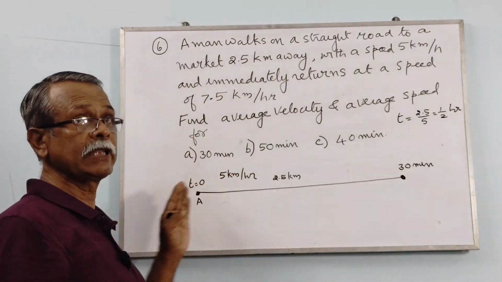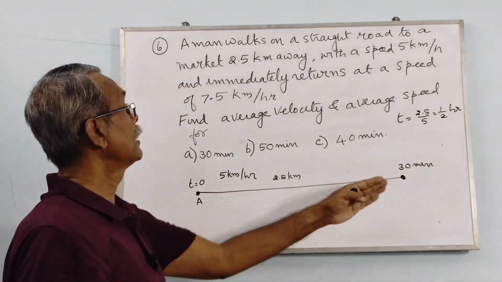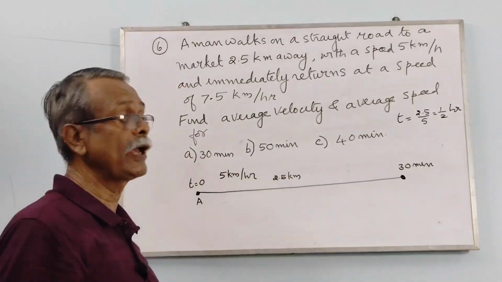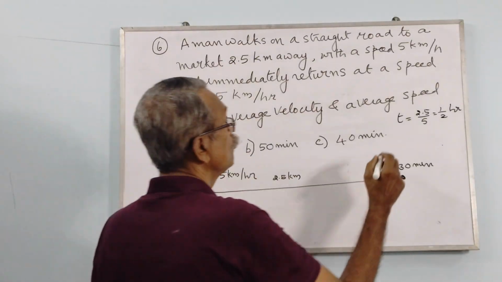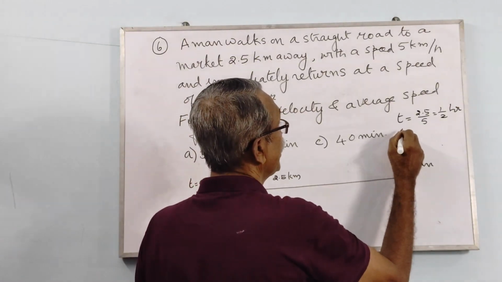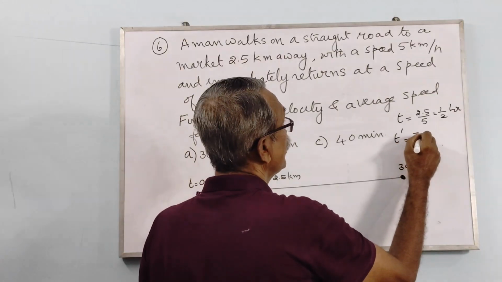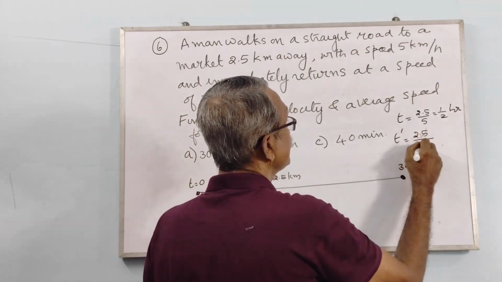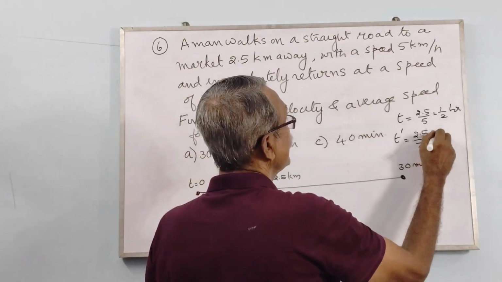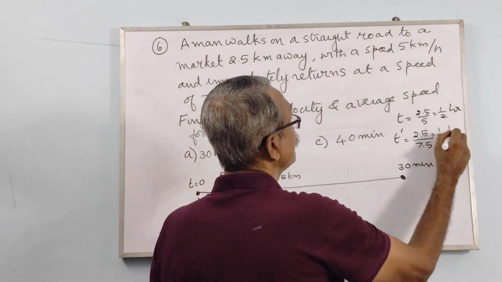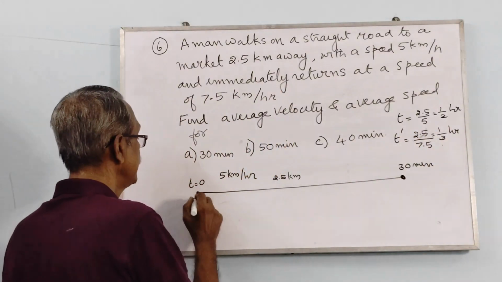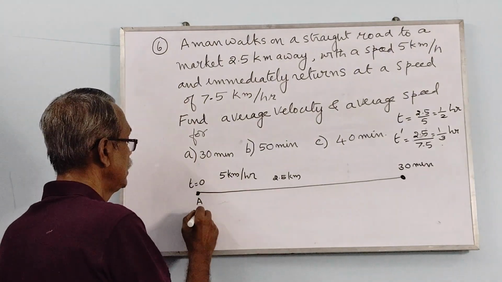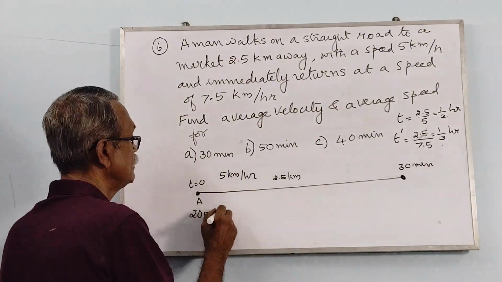Then he returns with a speed of 7.5 km per hour. So that time, t prime, is equal to distance 2.5 divided by 7.5, equal to 1 by 3 hour. 1 by 3 hour is 20 minutes. Therefore, he reaches back after a further 20 minutes.